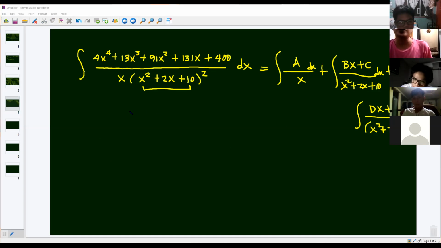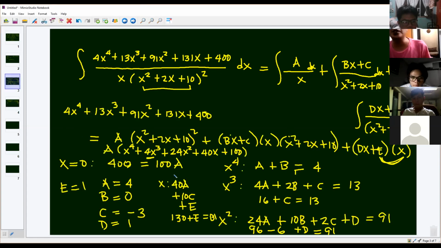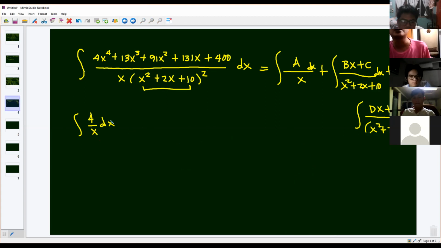So, the given integral can now be written, with a being 4, as the integral of 4 over x dx plus bx plus c. We have b is 0, so bx plus c is just negative 3, and that plus becomes a minus: 3 over x squared plus 2x plus 10 dx.